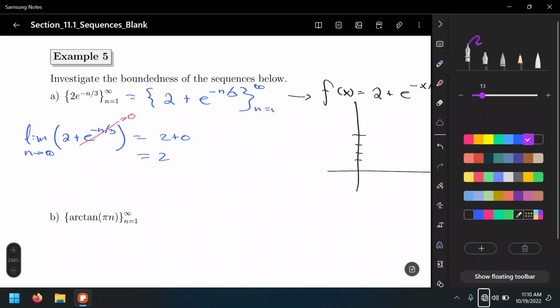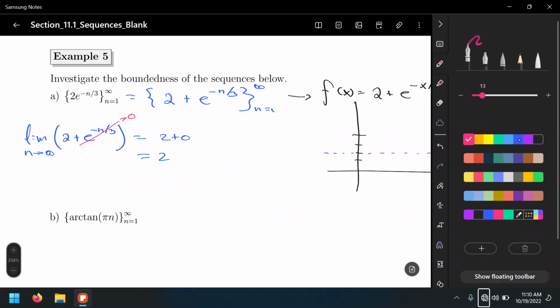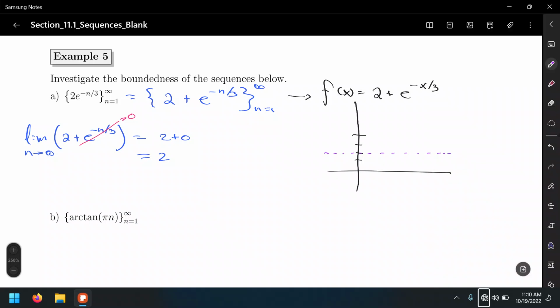So we need to shift that horizontal asymptote on the exponential function 2 units up. And since the function behaves like this, what does that look like? Like a lower bound or like an upper bound?